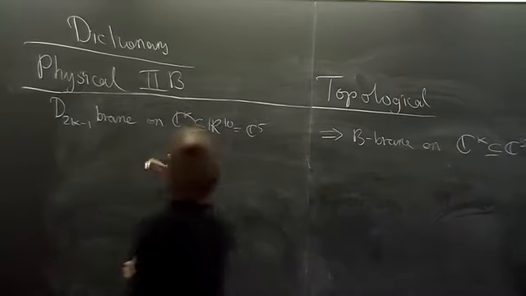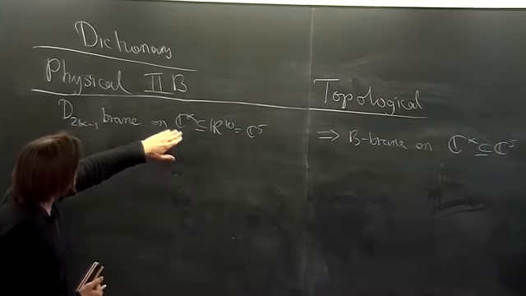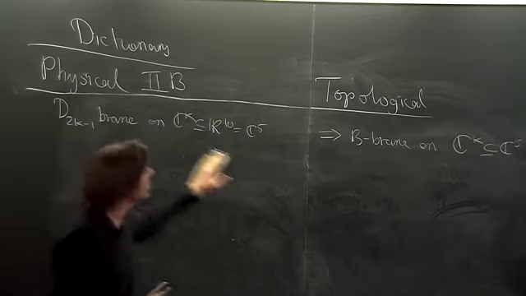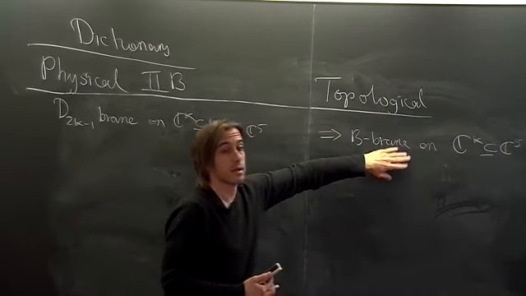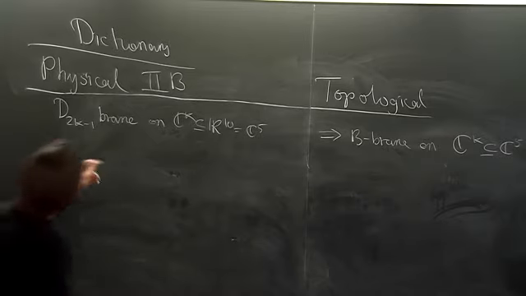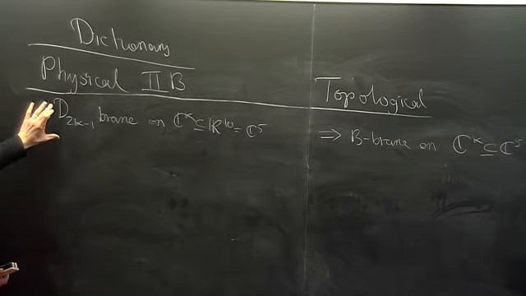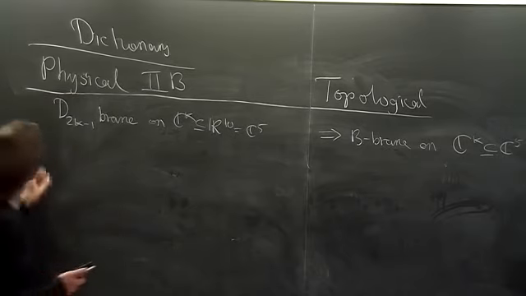And you can check, for instance, that this brane is supersymmetric, as I said, if this is a holomorphic submanifold, which is the condition under which the B-brane exists. Now, what's next? We can consider open string states connecting two branes.